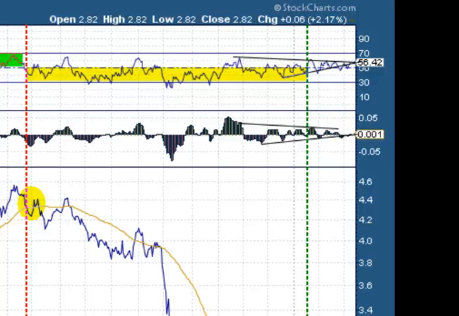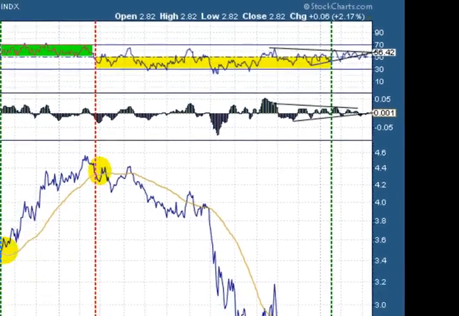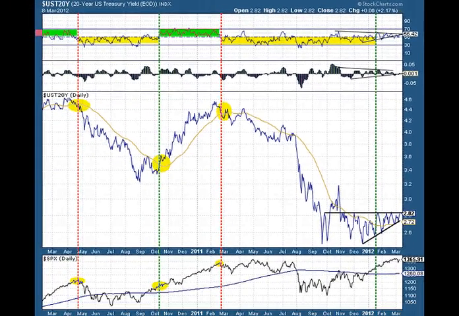RSI is moving back up, and it's actually meeting resistance at that trend line right now as we speak. So again, we'll have to see if RSI can break above that resistance and the yield can break above its ascending triangle. That would be pretty positive for stocks, and you could take away that things will probably improve and get better. That's something we'll have to pay attention to.